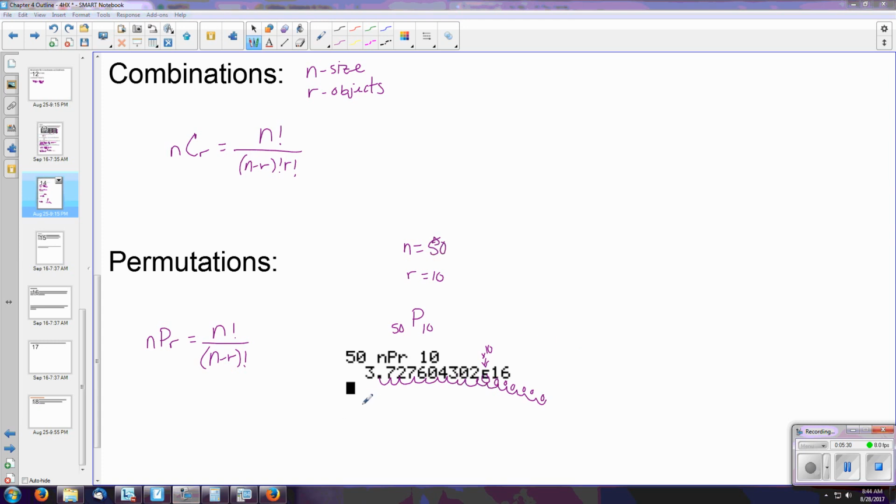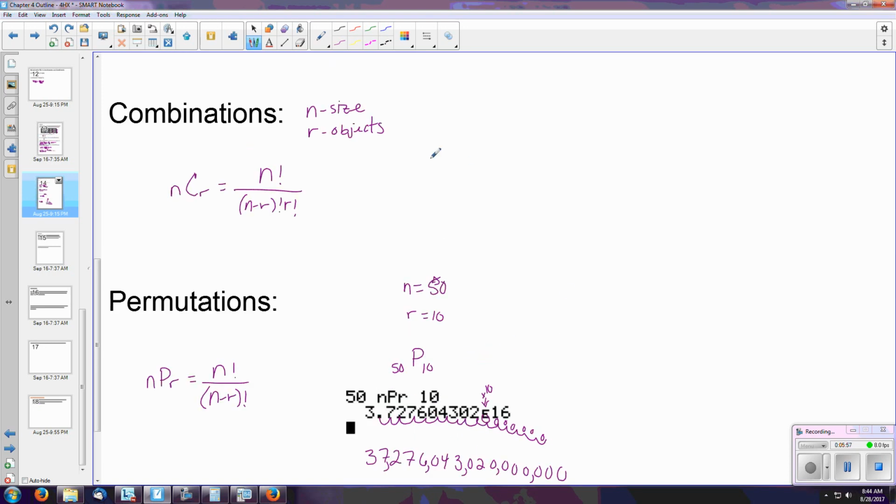So that seems like a pretty massive number, but you have to keep in mind when the order matters, that's what makes it such a large value. So it'd be 3727, 604, 302, 000, 000, 0. So just add some commas in there to make it easier to read. So obviously a very, very large number.